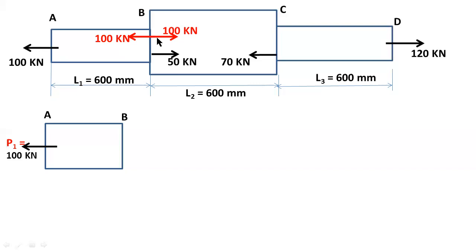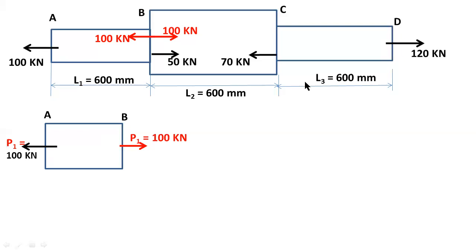Now you have to consider this right side 100 kilonewtons for section AB, because for determining the stresses we need two equal and opposite loads. This one is in the left direction, this one is in the right direction. So you can easily find the stress induced in the bar AB.